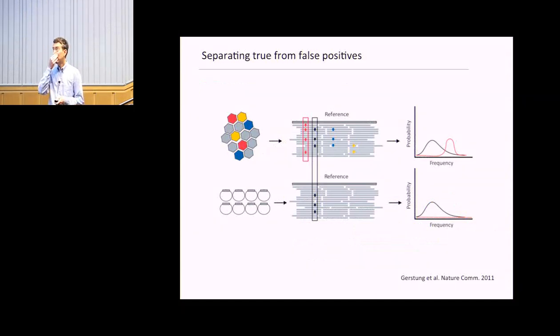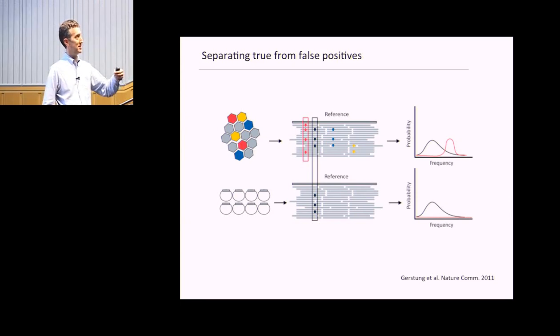in tumors. And what it essentially does is it uses a binomial model to distinguish false positives from a real variant. And the idea is you sequence a plasmid control in the same flow cell as your experimental sample.